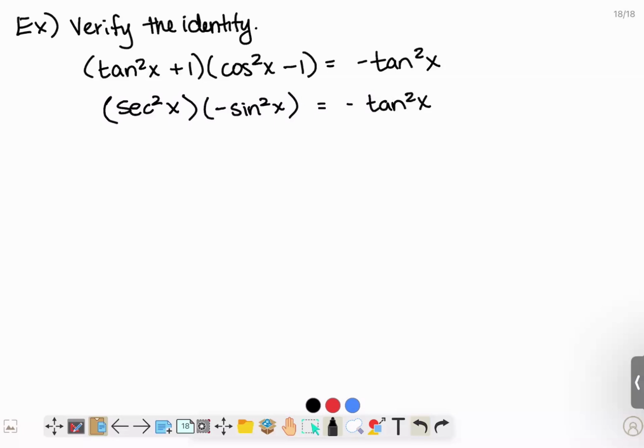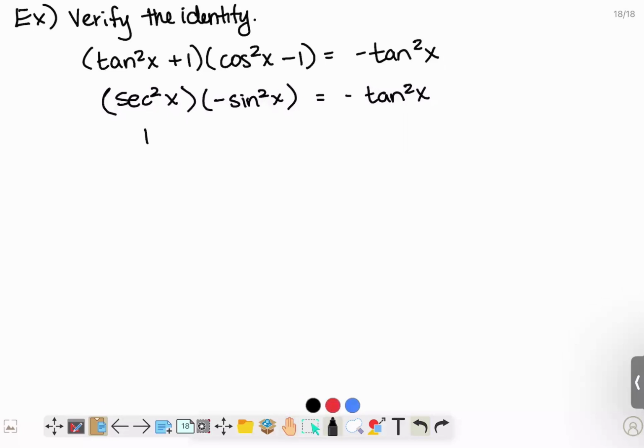Okay, so now what I got on the left side, if I multiply those two together, then I would just get negative secant squared times sine squared. So that's not getting tangent back. So I'm going to put both of these, I'm going to write in terms of sine and cosine. So I'm going to rewrite the secant squared. I'm going to use the reciprocal identity that secant is equal to 1 over cosine.